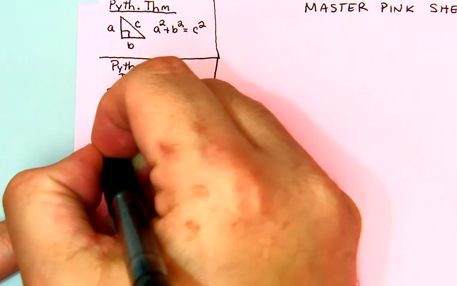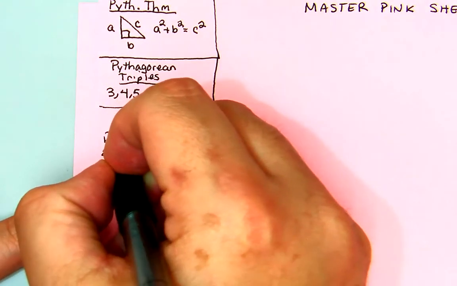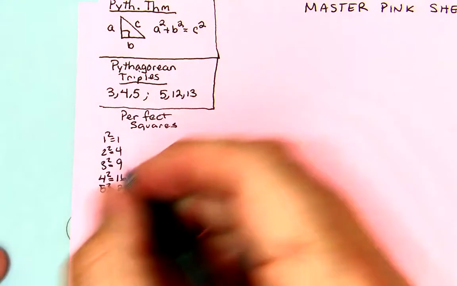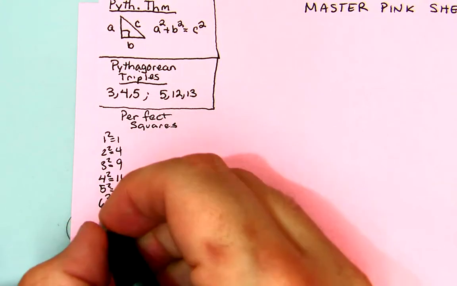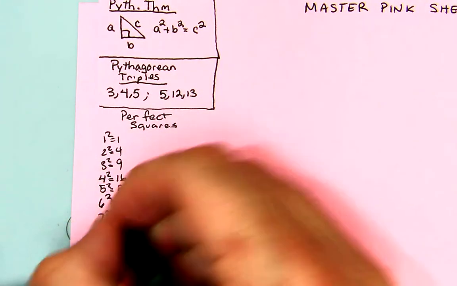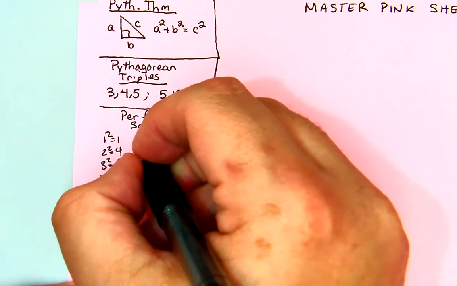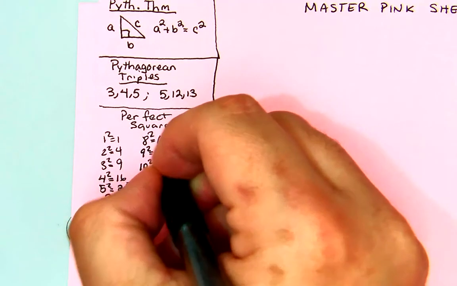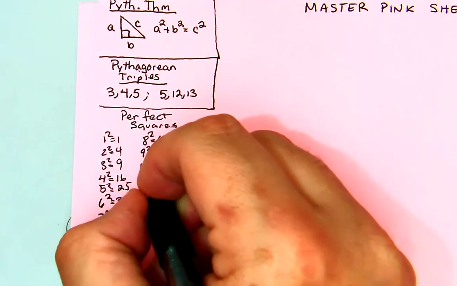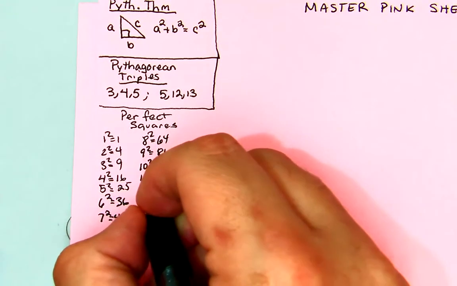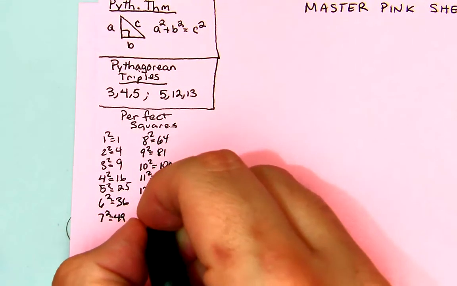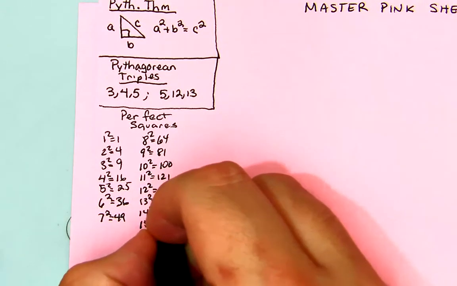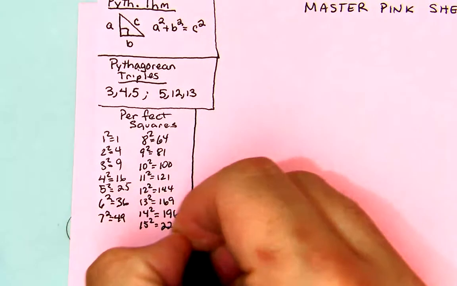One squared equals 1, 2 squared equals 4, 3 squared equals 9, 4 squared is 16, 5 squared is equal to 25, 6 squared is equal to 36, 7 squared is equal to 49, 8 squared is equal to 64, 9 squared is equal to 81, 10 squared is equal to 100, 11 squared 121, 12 squared 144, 13 squared 169, 14 squared is 196, 15 squared is 225, and so you got your perfect squares right here.